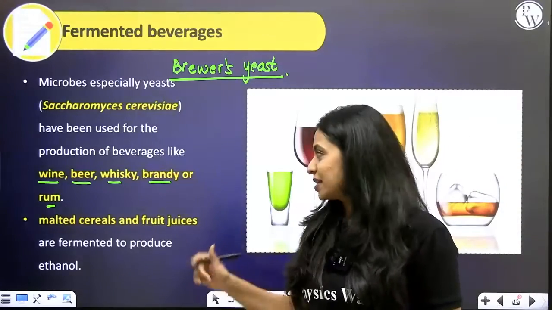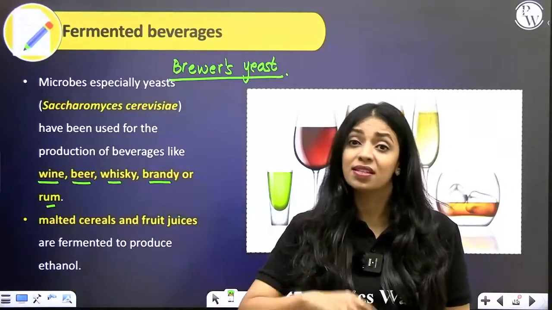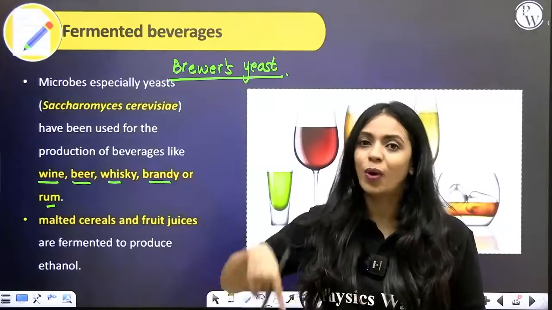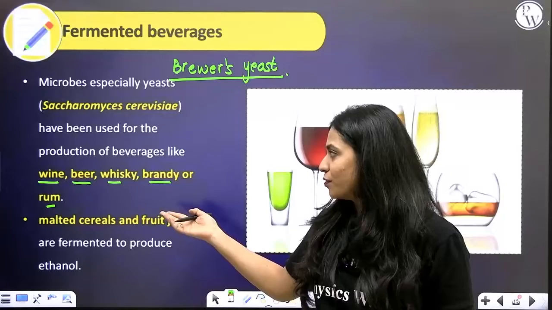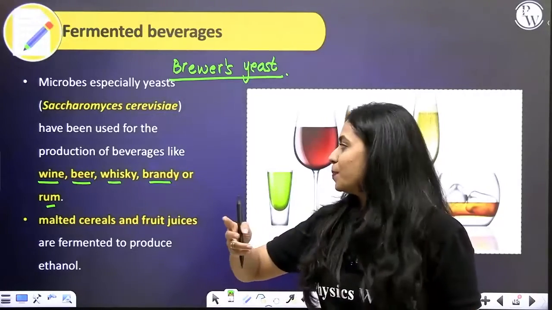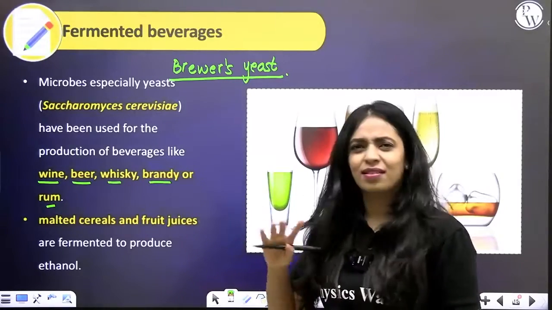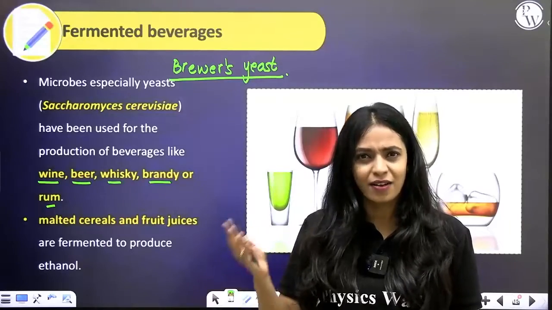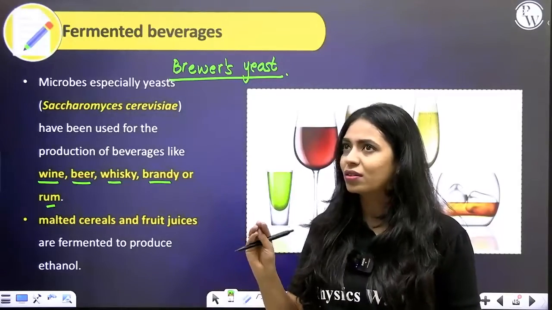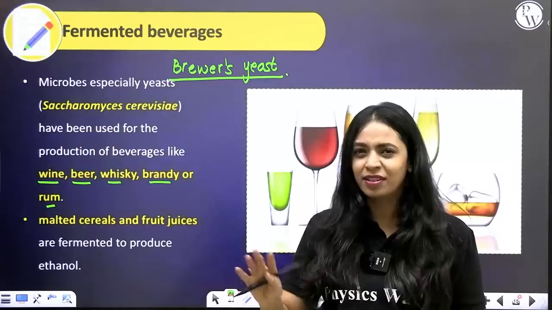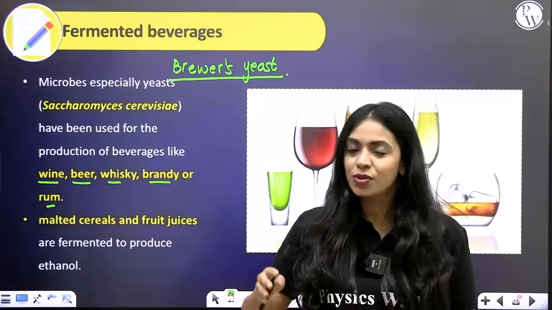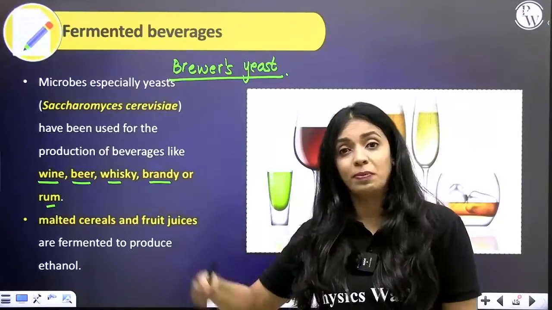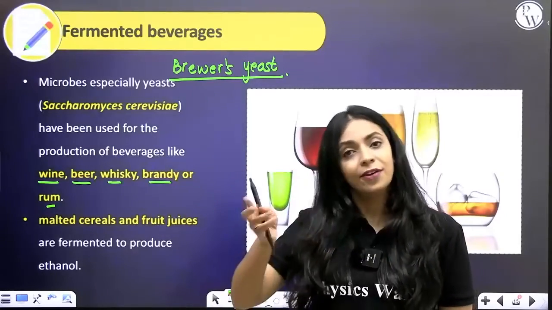Now, what makes them different from each other is the substrate that is used for them to act upon. For example, for wine, I think they make use of fruits like grapes, for tequila, agave is used, and for vodka, I think potato is used. I'm not really sure about that, but different kinds of substrates are used for these microbes to act upon, which will make these alcoholic drinks different from each other.